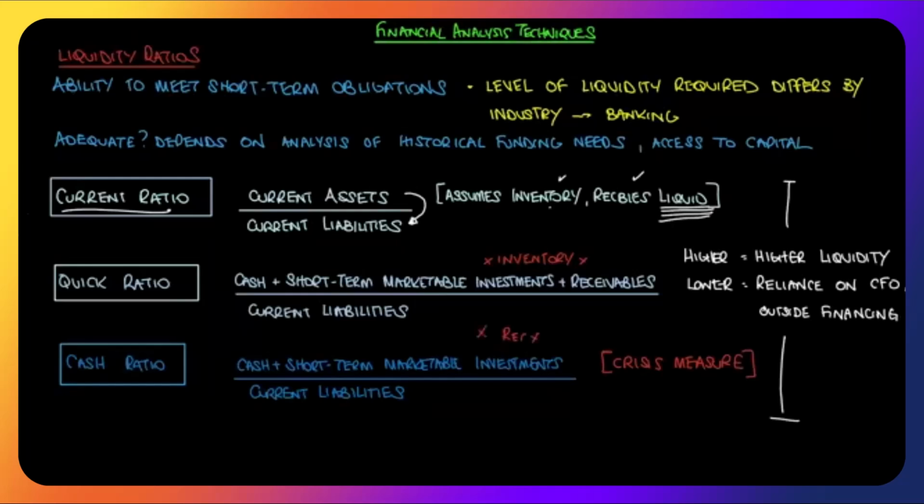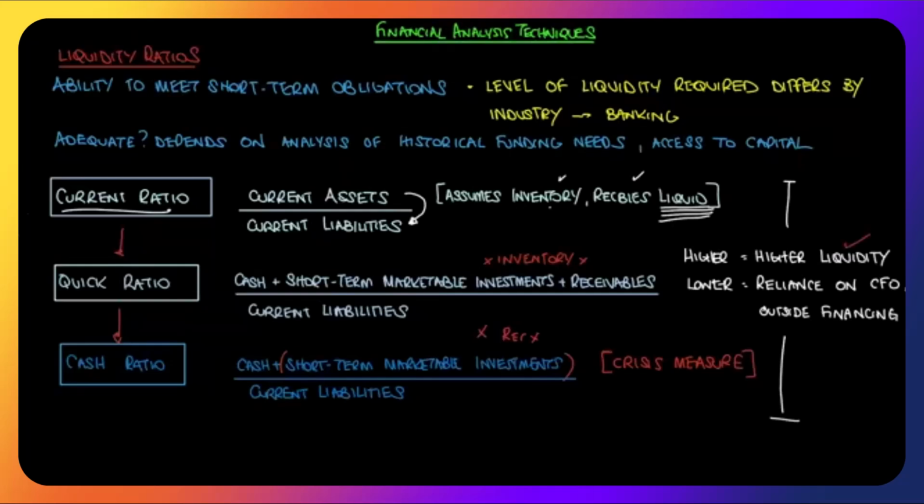They've got literally what cash and short-term marketable investments do we have that we can immediately turn into cash to pay off our current liabilities. But even in a crisis, you've got to be careful. Can you get full value if the market is in crisis? But you can see going from top to bottom, these are getting more and more strict in their measure. On a very basic level, the higher these are, the more liquid you are.